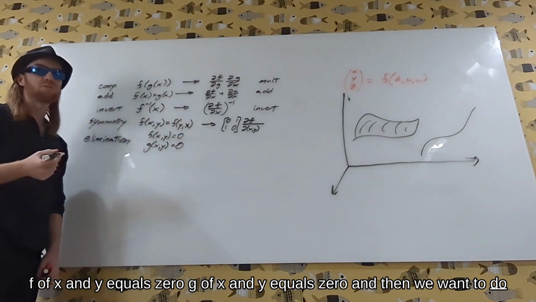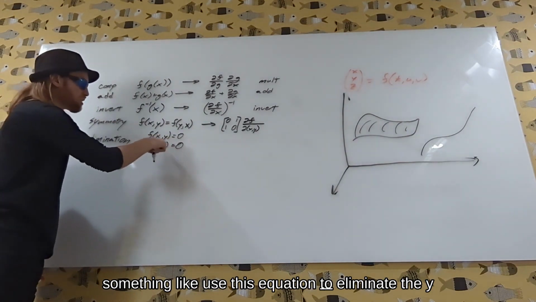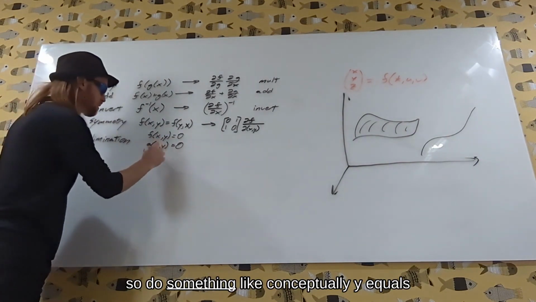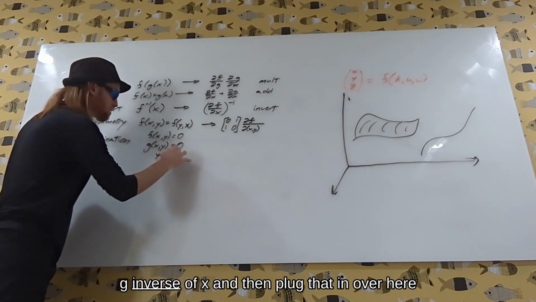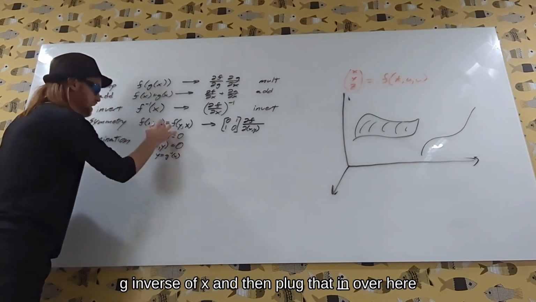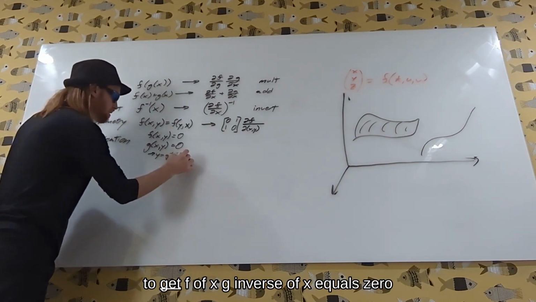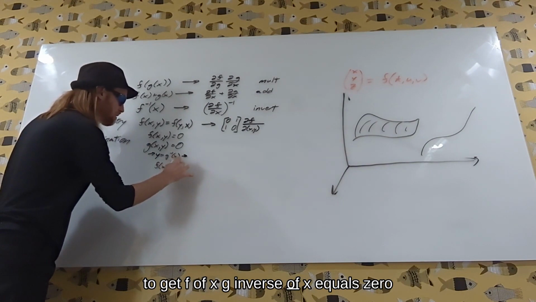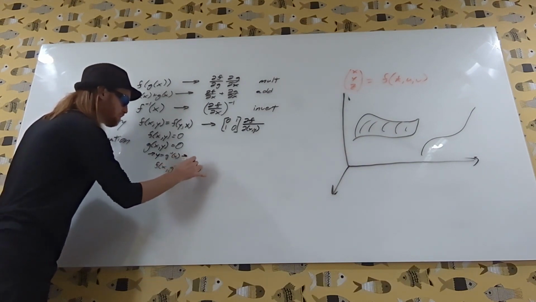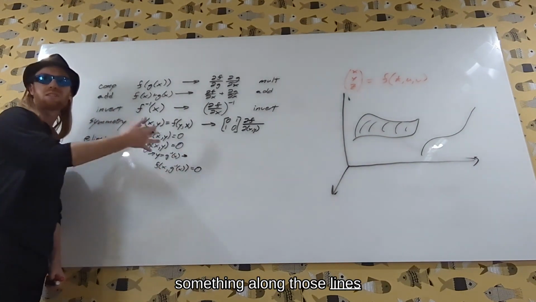And then we want to use this equation to eliminate the y. So conceptually, y equals g inverse of x, and then plug that in over here to get f of x, g inverse of x equals 0. Something along those lines.